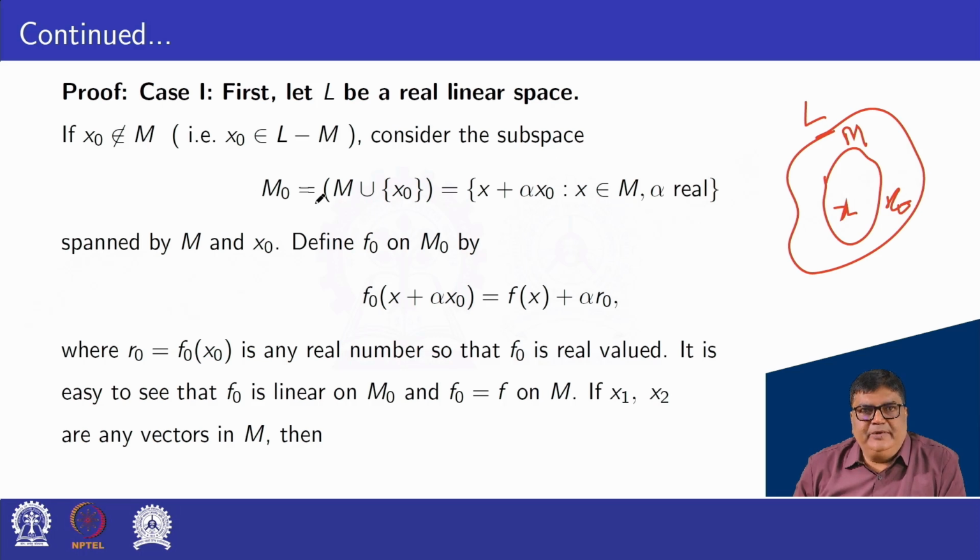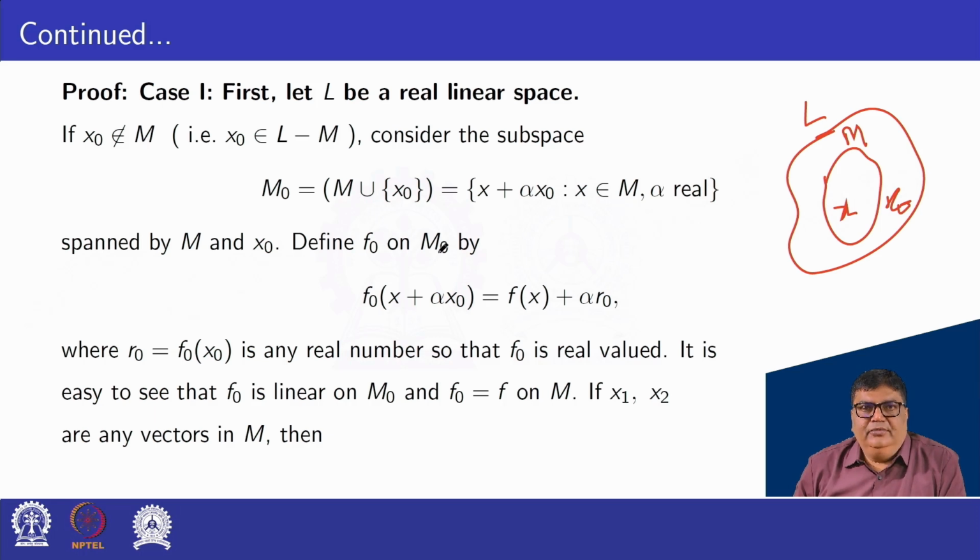So consider the subspace M0 equal to M union the singleton set x0. That is, here x belongs to M and x0 belongs to L minus M. So the span can be written as x plus alpha x0 such that x belongs to M and alpha is real. This is the span by M and x0.